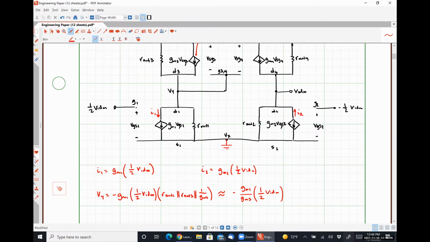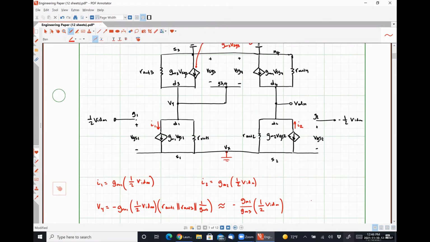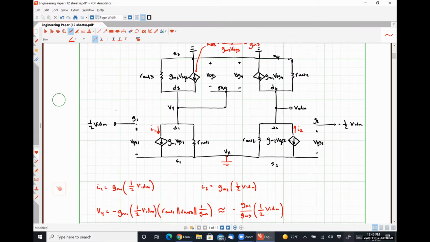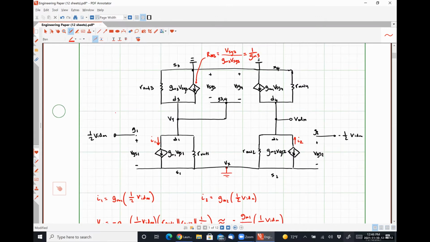Okay. So why our determination of VY is so important is because VY is exactly equal and opposite to VSG3 and VSG4, right? We know that these two guys are identical, and this is also equal now to negative VY. So that voltage VY establishes the current that is being sourced or that flows through transistor M4.